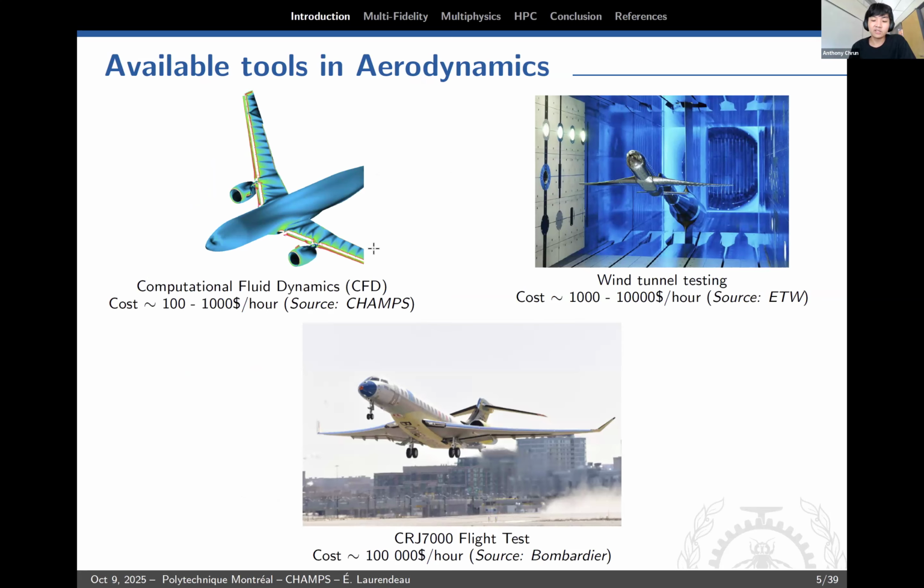That means that CFD is nowadays the main tool for aircraft development and design, and wind tunnel testing and flight testing have become only validation steps for CFD. So CFD has become a crucial tool and a necessity for aircraft designers.